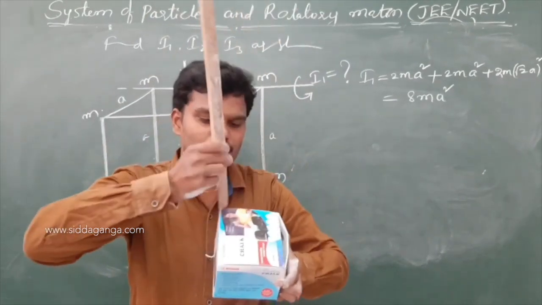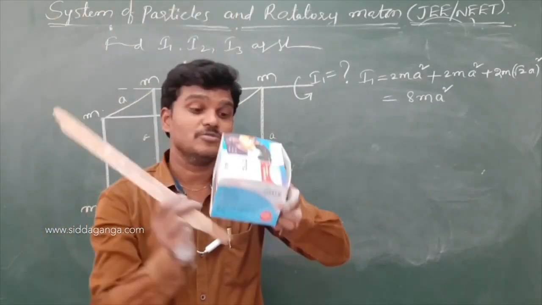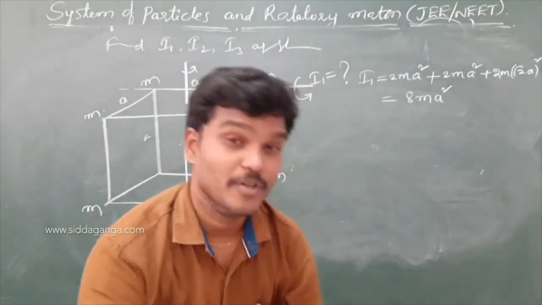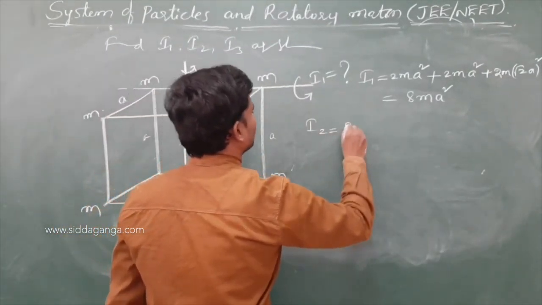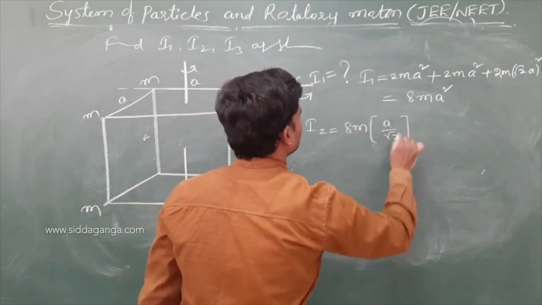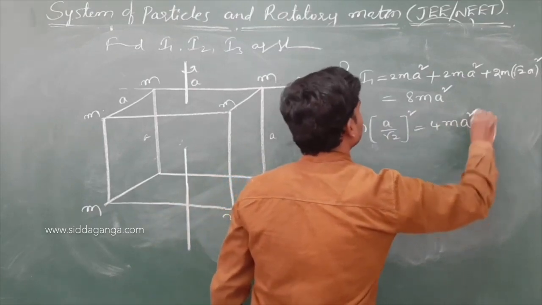See, 1, 2, 3, 4 are at a distance of A by root 2, like a square. Downside also 4 particles are there. Again they are at a distance of A by root 2. Now I2 is very clear. All 8 masses are at a distance of what? A by root 2. Then 4M A square is the required answer.